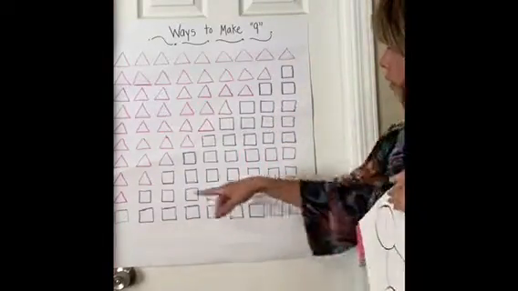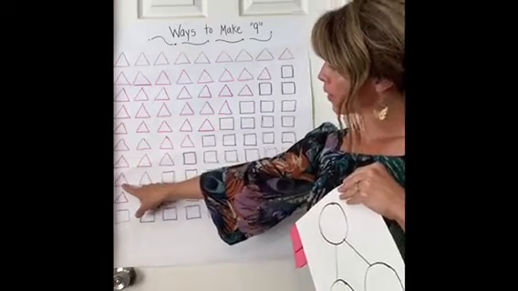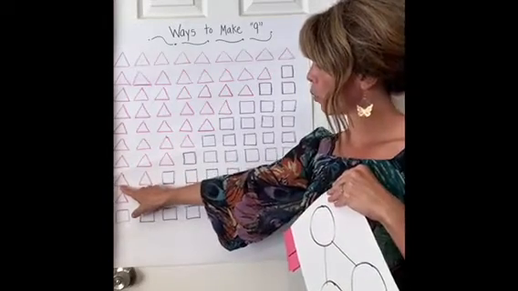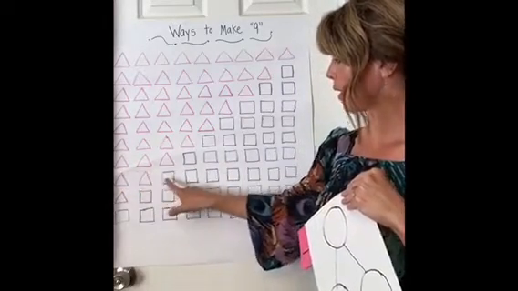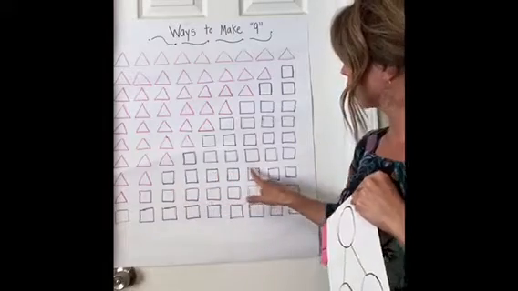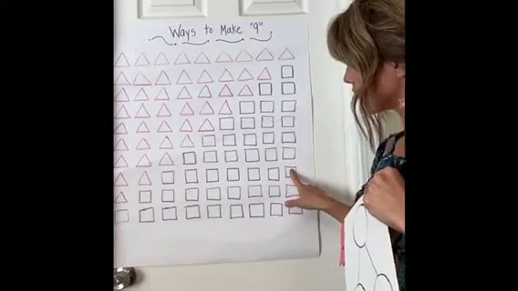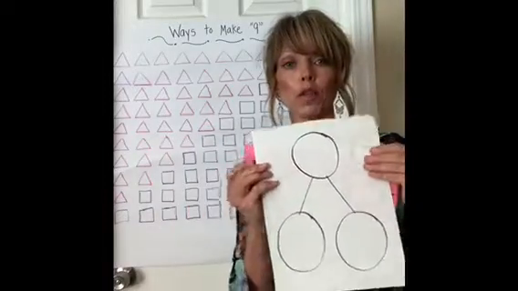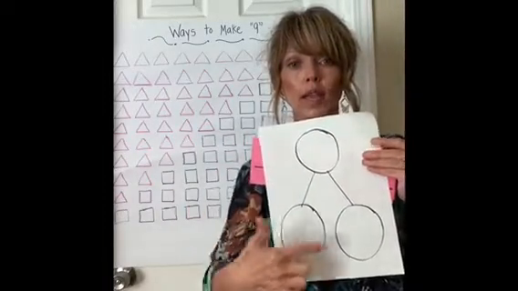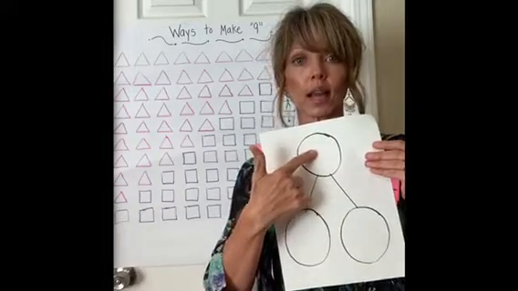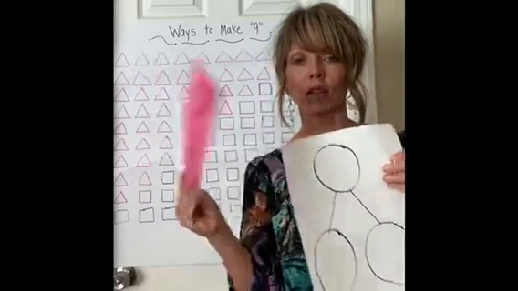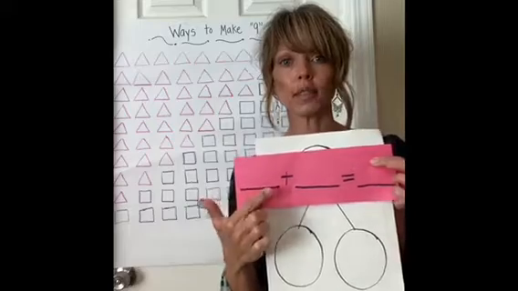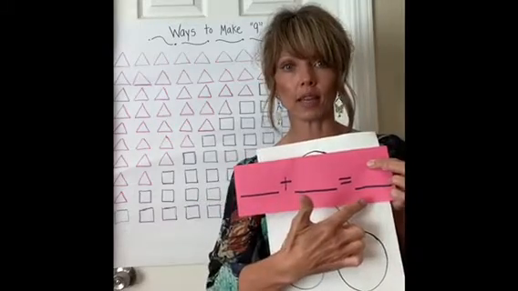All right. Now we're having less triangles again, so we have 2 triangles this time, and 1, 2, 3, 4, 5, 6, 7 squares. So in your number bond, you would do 2 and 7 is 9. 2 plus 7 equals 9.